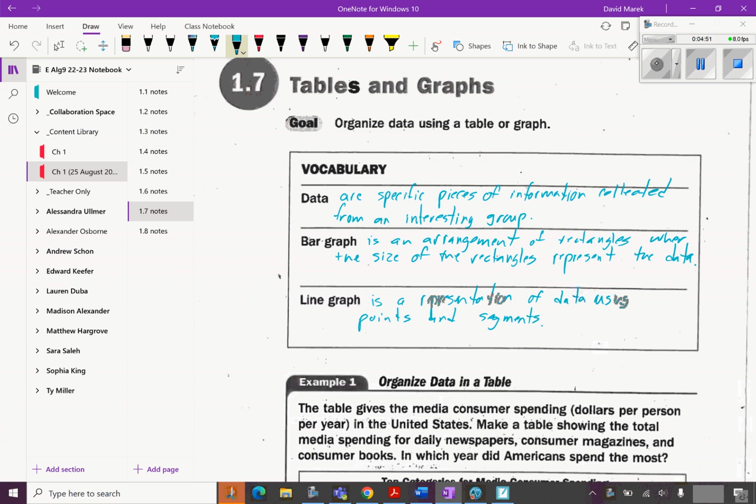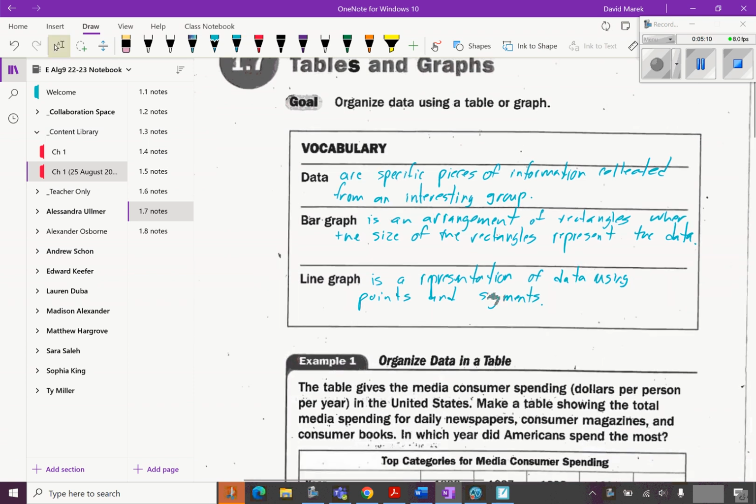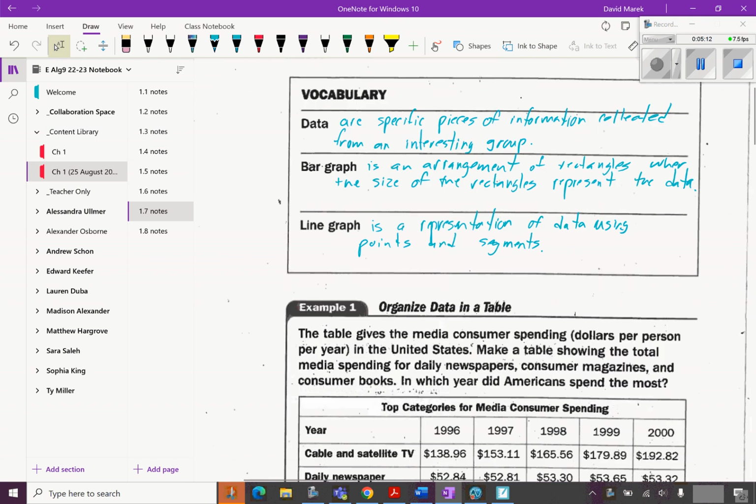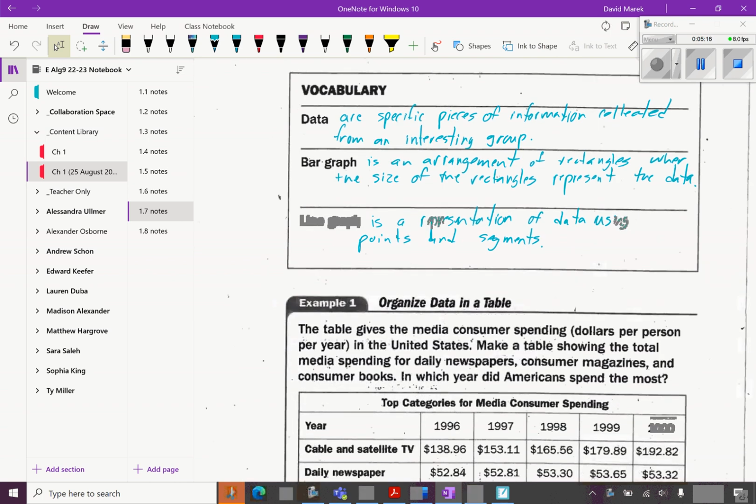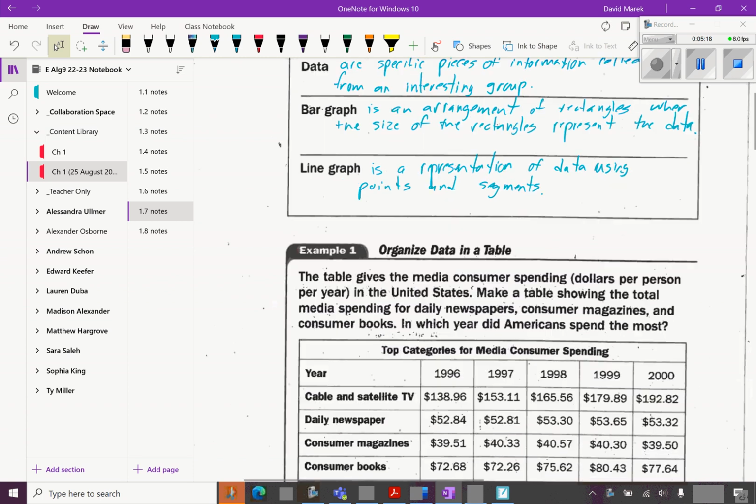So here I am getting a little bit specific with the distinction there in geometry. Rather than just one line, we're going to draw segments. Again, it's an attempt to organize it in a way that we can see a trend.